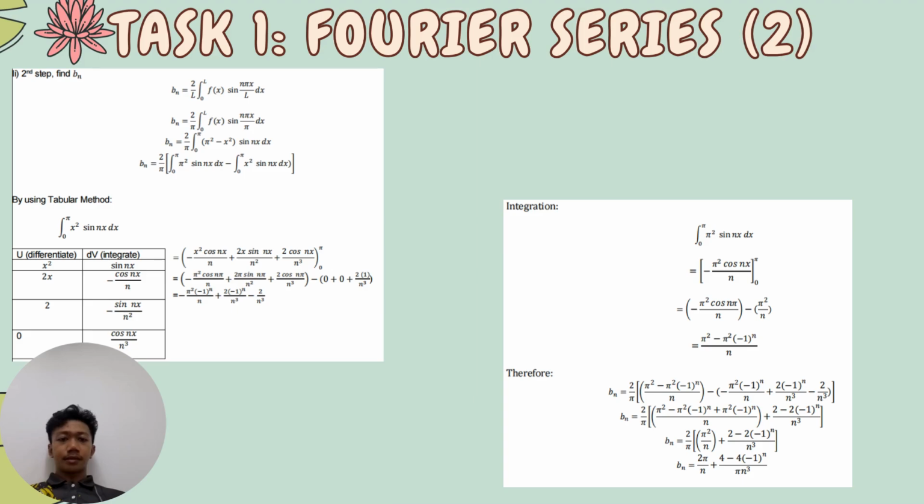Then we integrate and substitute the value. Therefore, we get that Bn equals 2 pi plus 4 minus 4 times negative 1 to the power of n over pi n cubed.